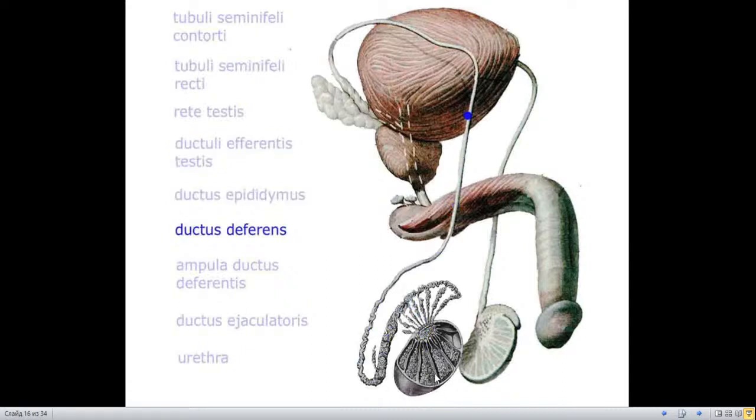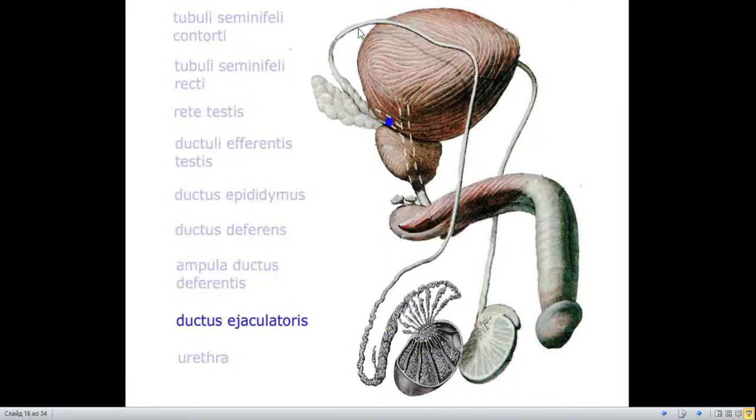appears in convoluted seminiferous tubules of testes, then it goes through straight seminiferous tubules, tubuli seminiferi recti, after that rete testis, then efferent ductules, ductuli efferentes testis, which open into duct of epididymis, which continues as ductus deferens or vas deferens with 4 parts.